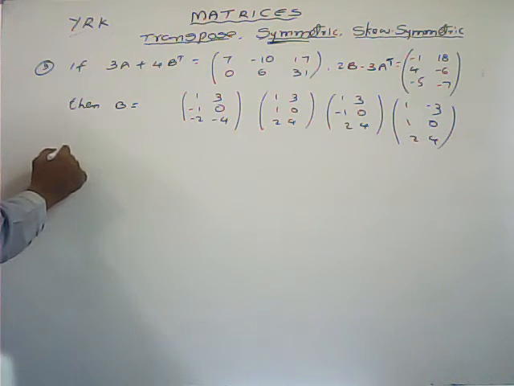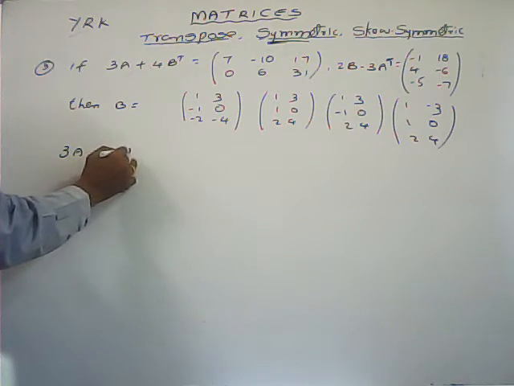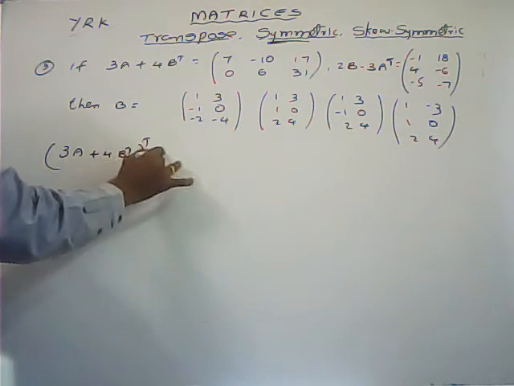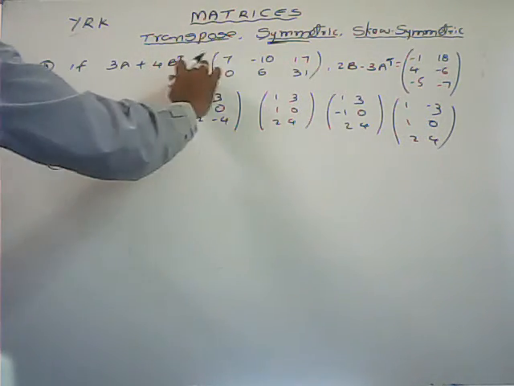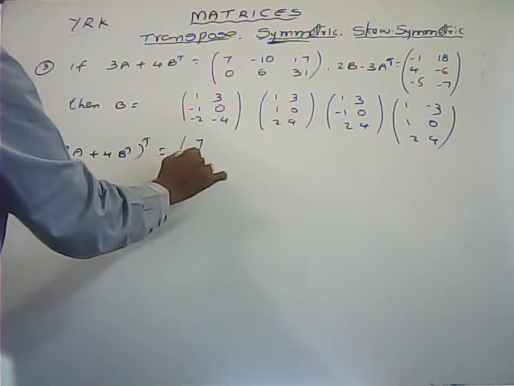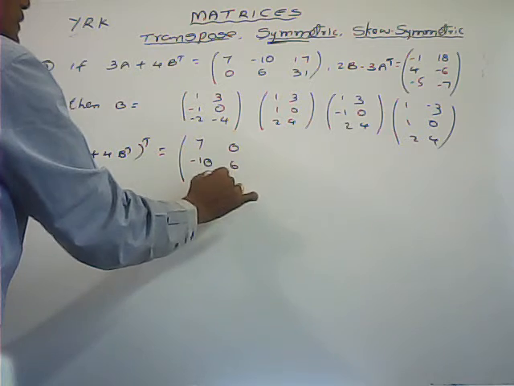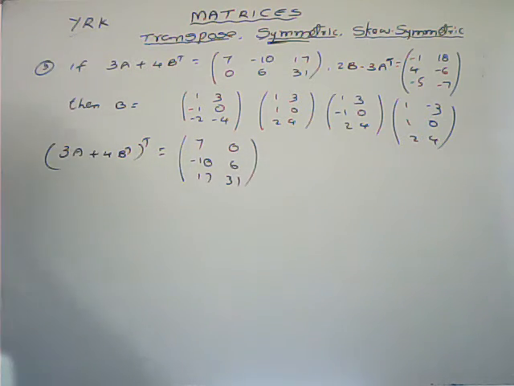If I take the transpose on both sides, (3A + 4B) transpose, whole transpose, is equal to the transpose of this one. The first row becomes the first column: 7, −10, 17 and 0, 6, 31. And (A + B) whole transpose, we can write as A transpose plus B transpose also.